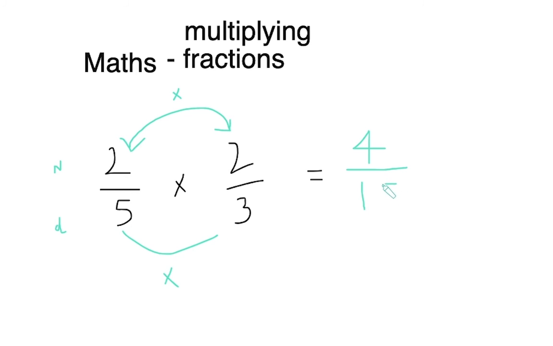It equals 15. So we've got our answer, but it doesn't always stop there. Can we simplify this any further? The answer is no, we can't simplify 4/15 any further. So the answer stays like that, and that's the right answer, 4/15.